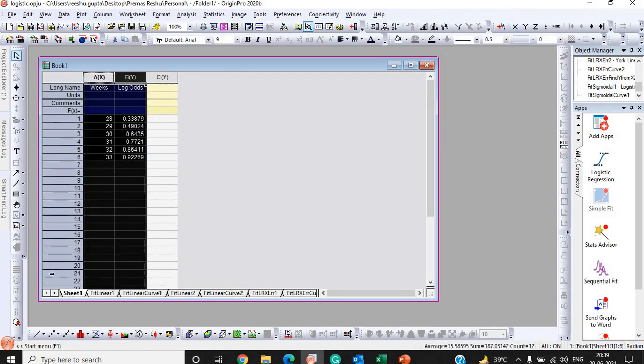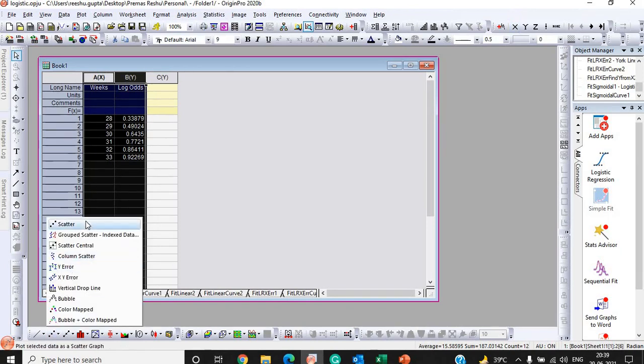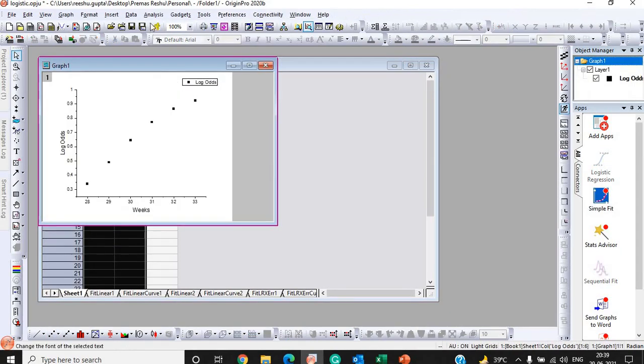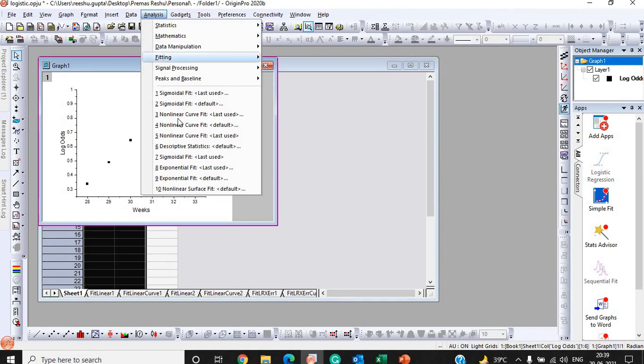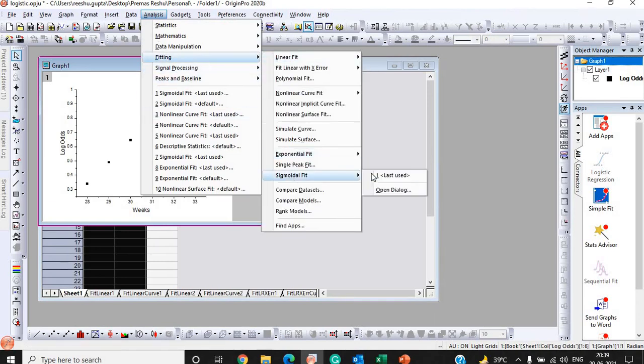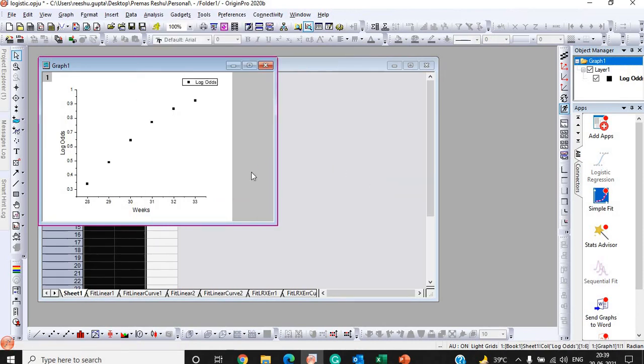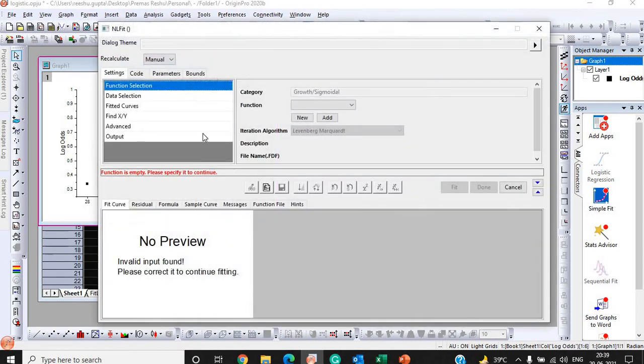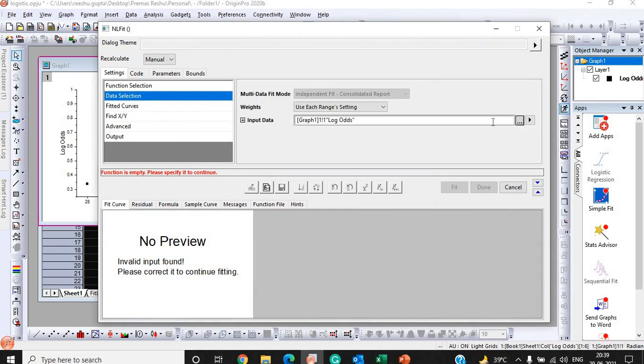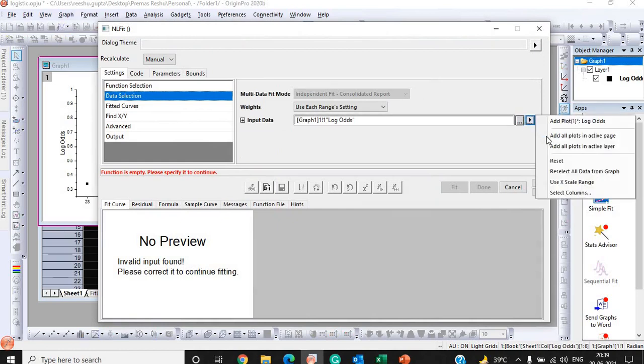If we are doing this, we are making a scatter plot and doing the analysis. This is the Origin software, and then we can go with the sigmoidal fit. Data selection depends on whatever software you are using, you can make it.